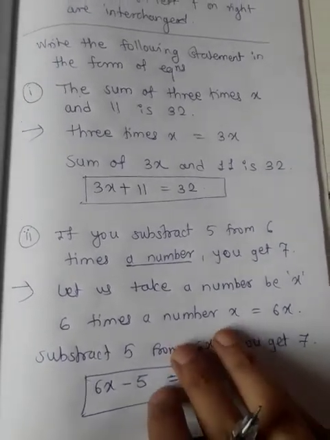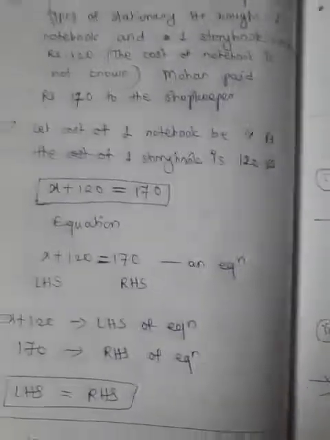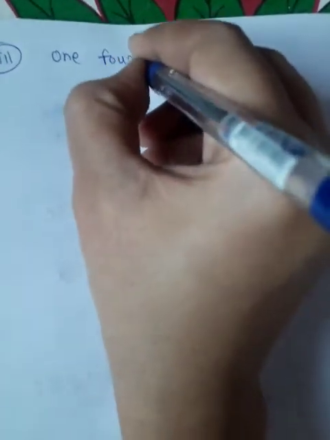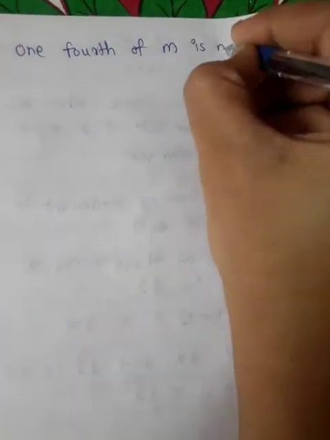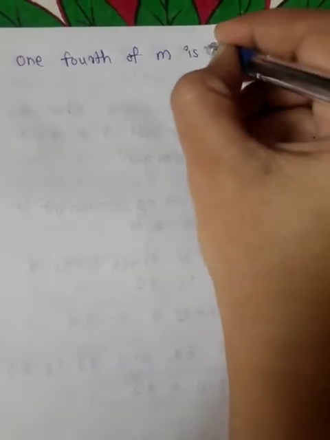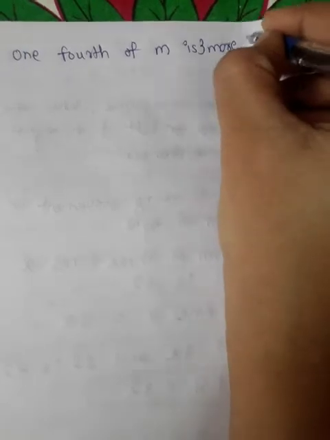So there is one more example: 1/4 of m is 3 more than 7.